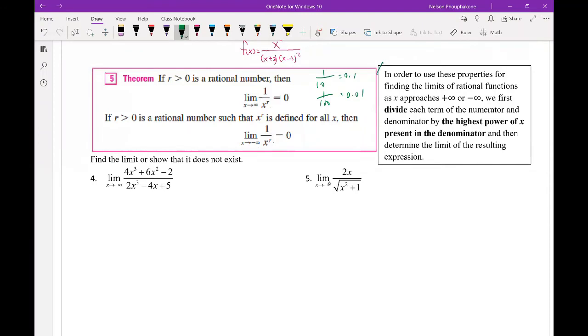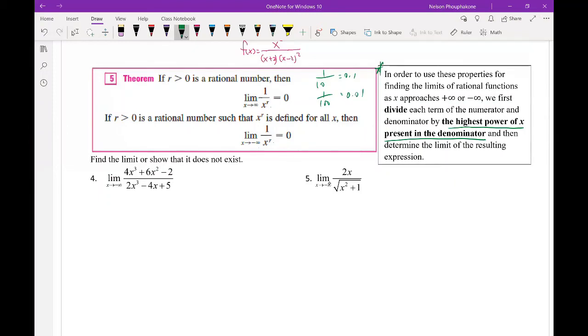Here is what we need to do. In order to use these properties for finding the limit of rational functions as x approaches positive or negative infinity, we first divide each term of the numerator and the denominator by the highest power of x present in the denominator. So we need to look at the power of the denominator, and then we determine the limit of the resulting expressions.